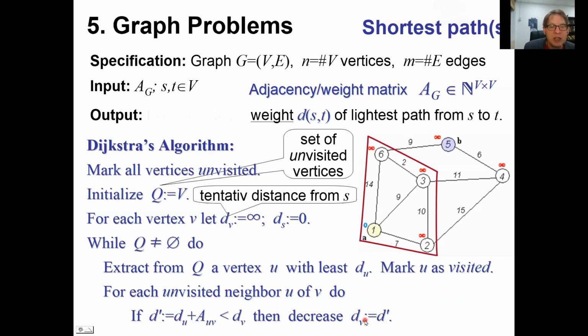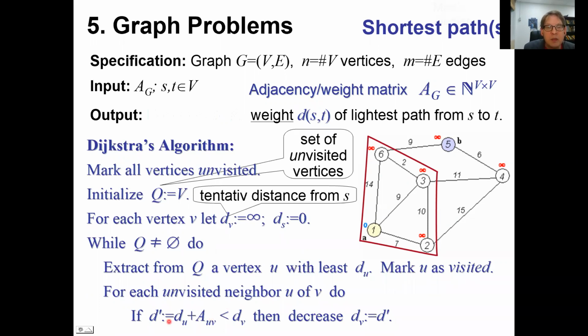Let me say that again. So this is a tentative distance from the start vertex to the vertex V. And here we update this distance from the start vertex to vertex V for those vertices which are neighbors of the current vertex U, of which we right now know the shortest distance.